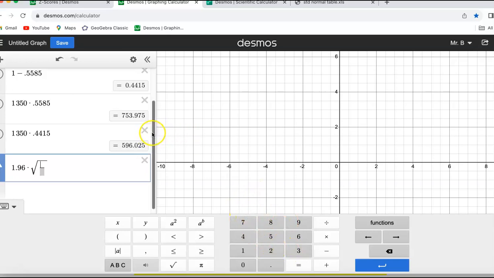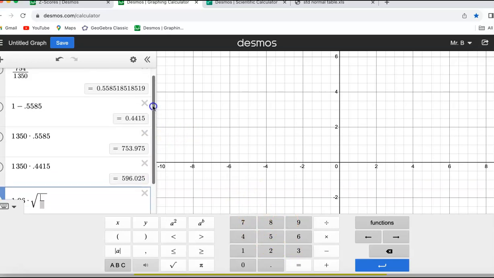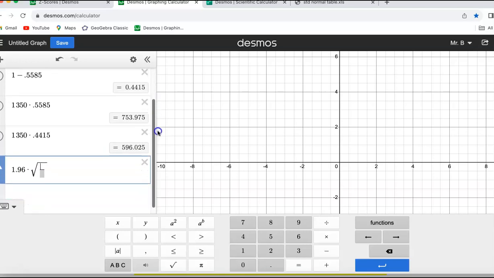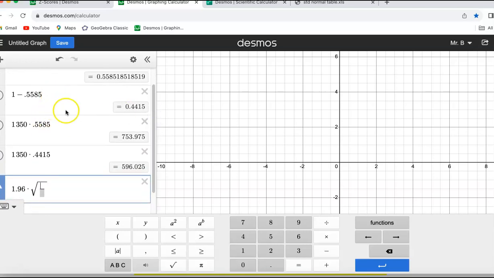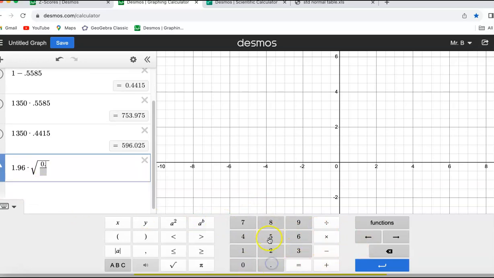First number is 0.5585, times 0.4415, and underneath 1350.